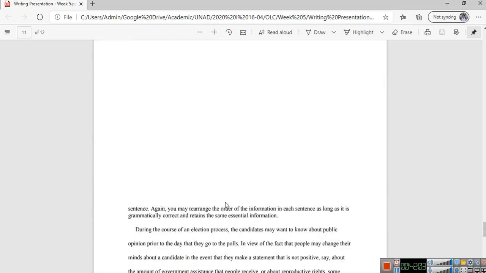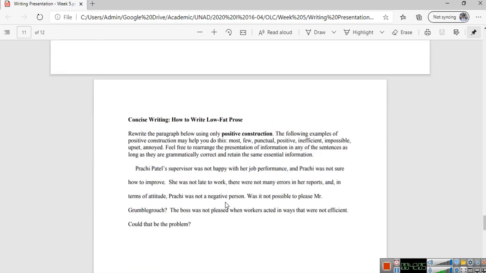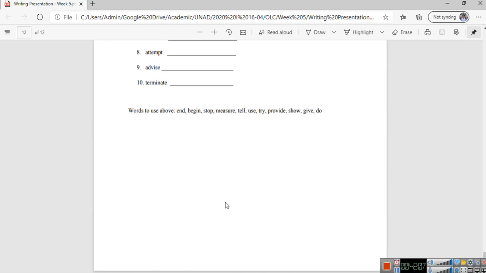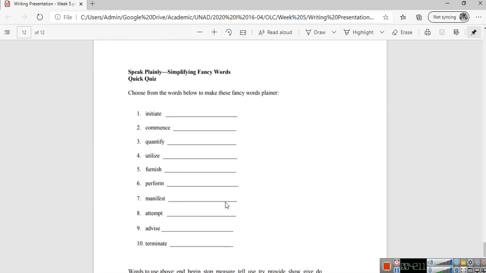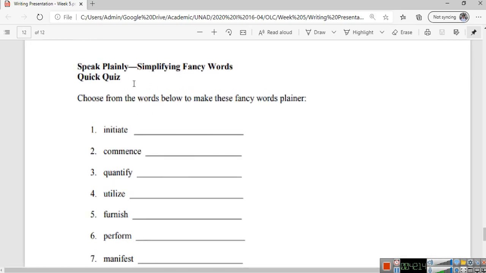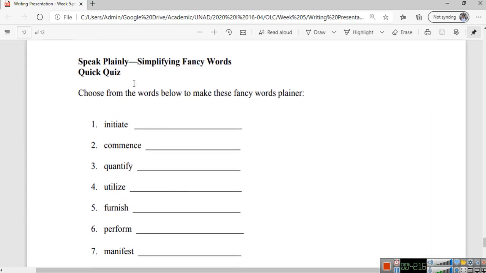Now, let me see if we have time for this one. Let's start first with the second one, all right? This is a quiz, and it's about speaking plainly, simplifying fancy words. It says, choose from the words below to make the fancy words plainer.